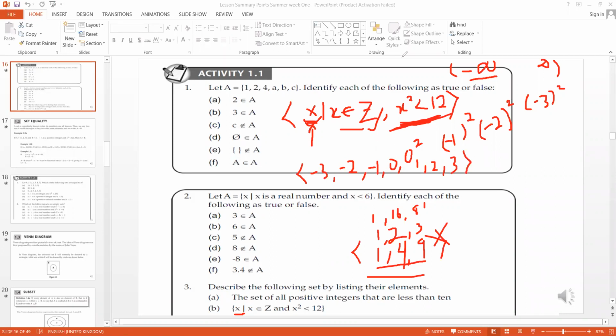So these are the elements in the given notation, set builder notation, or in the given set property. Okay, good. So that will give us these elements we have here. Start from -3 to +3. I hope that is clear enough.